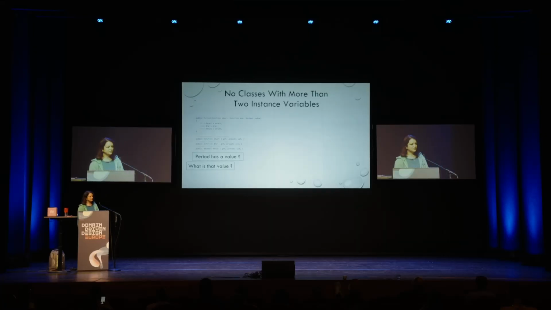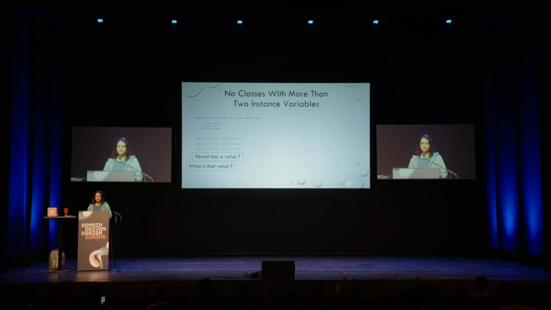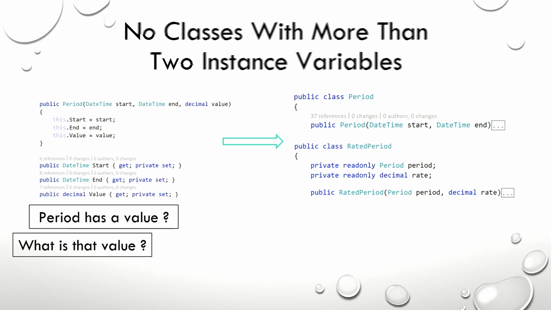And we asked, why do we have a value in a period? Is it logical to have a period with a value, and what is this value really? And we asked the expert, and we found that the value was the rate, the power plant shutdown rate.